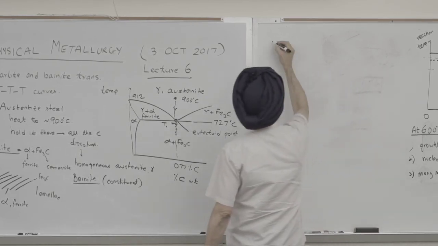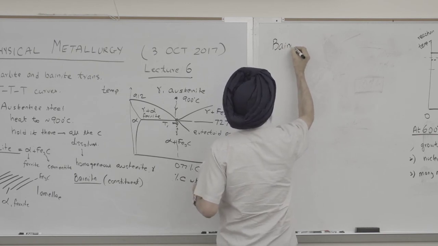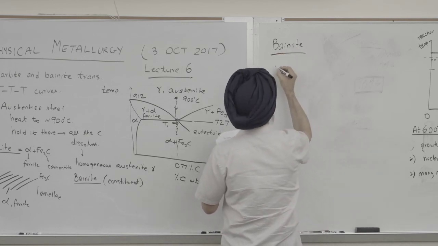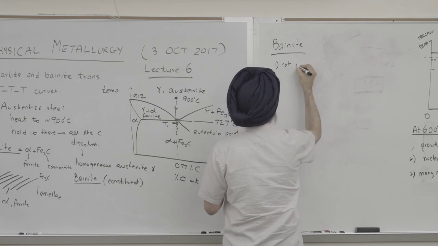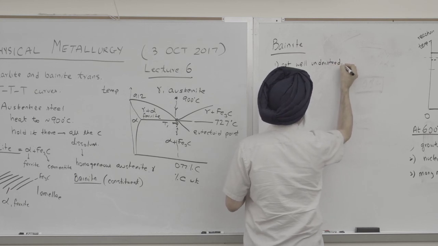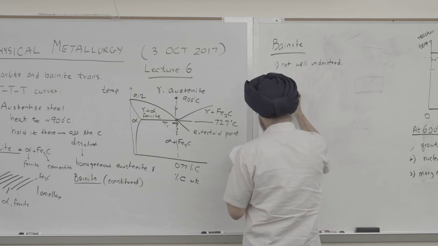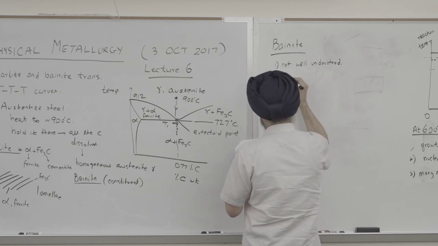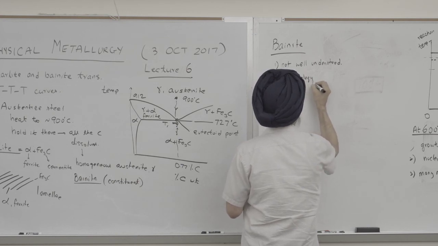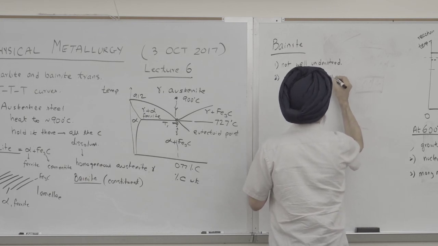Bainite has problems. It's not well understood. It's confusing. There's a lot of controversy. And the problem is Bainite morphology is very diverse.